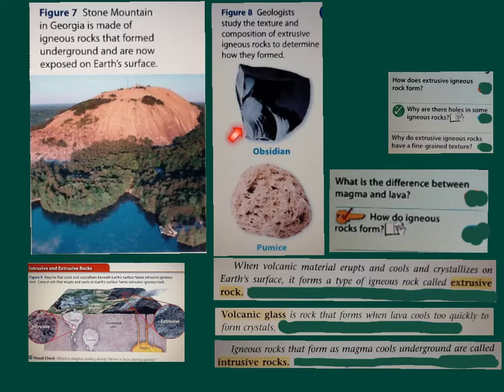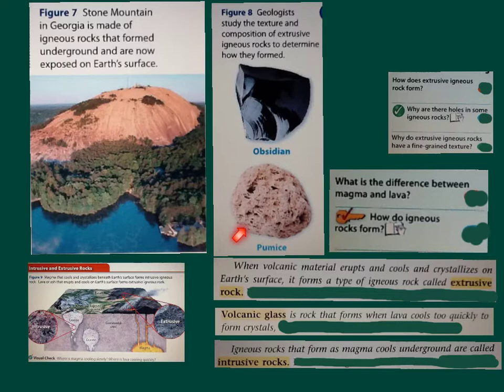When gas-rich lava erupts from a volcano, gases escape. Among the most noticeable features of some extrusive igneous rocks, such as pumice, are holes that are left after gas escapes, shown in Figure 8. Reading check. Why are there holes in some igneous rocks?